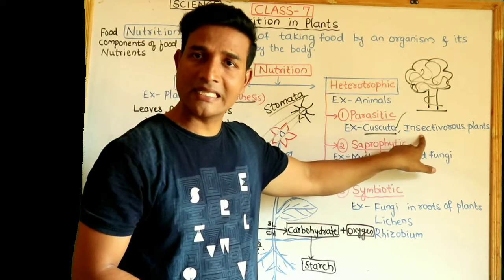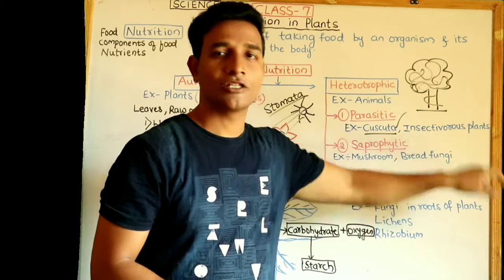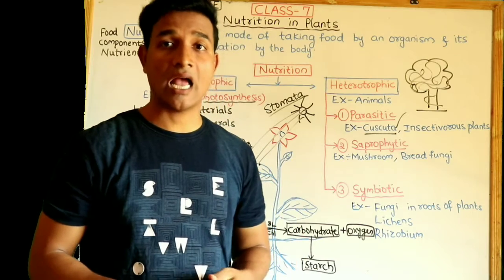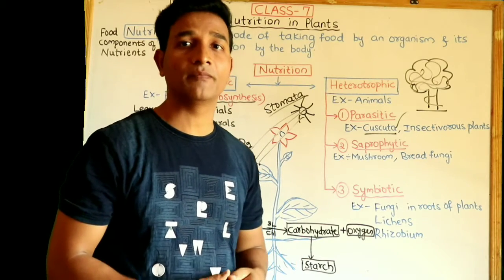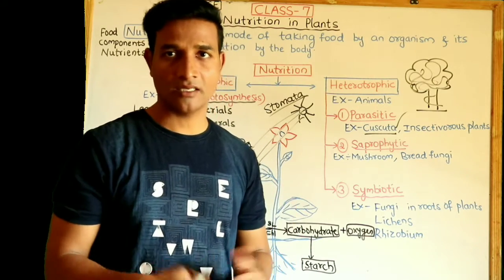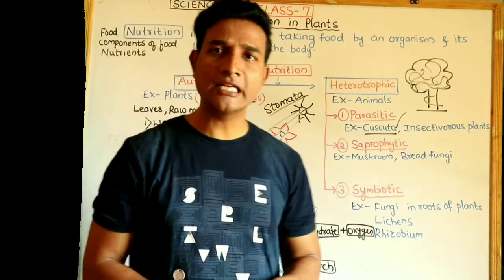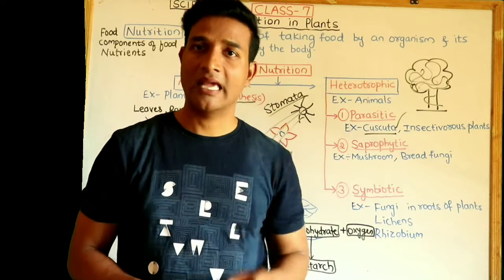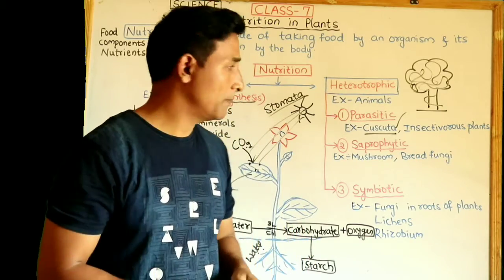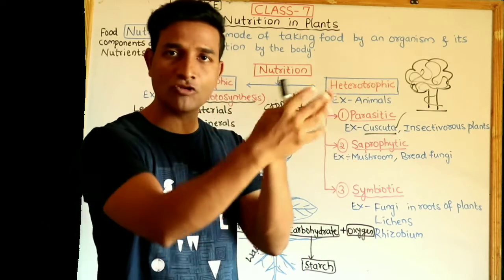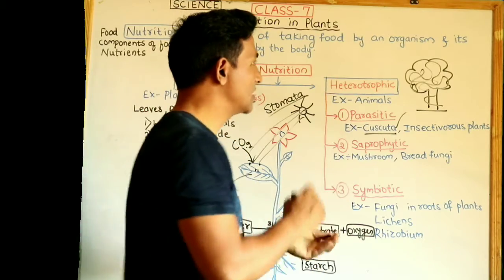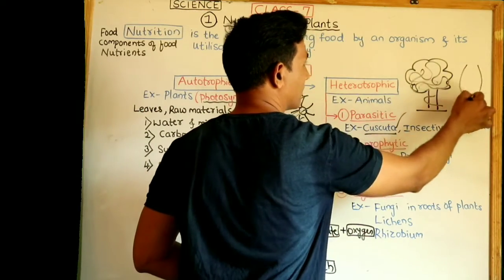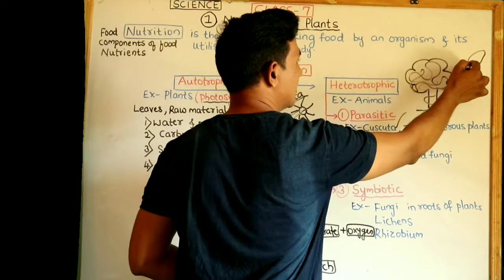Have you heard about insectivorous plants? These are plants which absorb nutrition from insects. The plant may be green in color, but it eats the insect. Example, pitcher plant. Pitcher plant leaf is modified into a bag-like structure which has a lid.